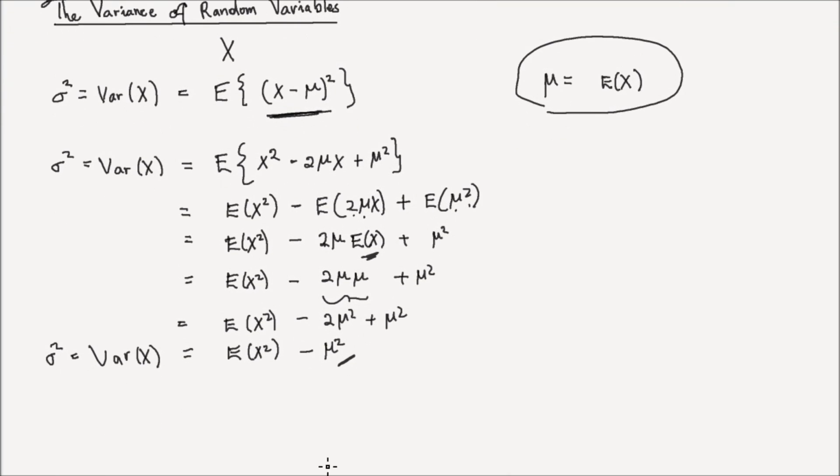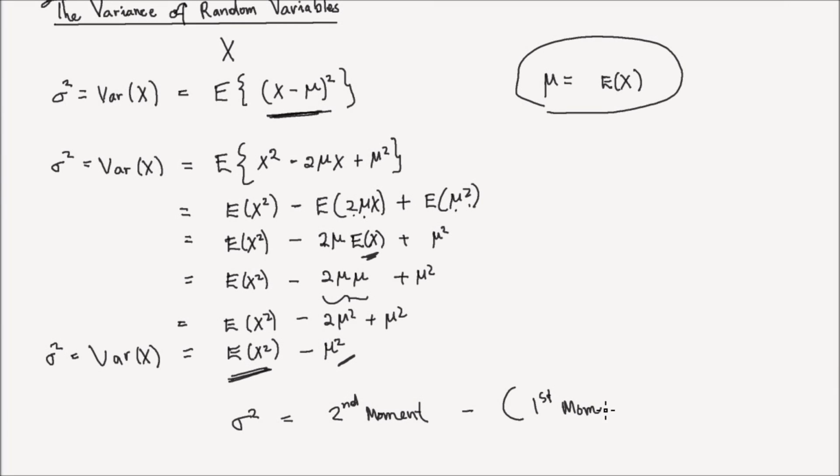So what we have now is the variance of a random variable is the expectation of X squared, which is the second moment, minus the square of the first moment.